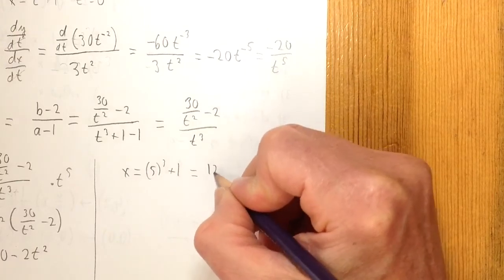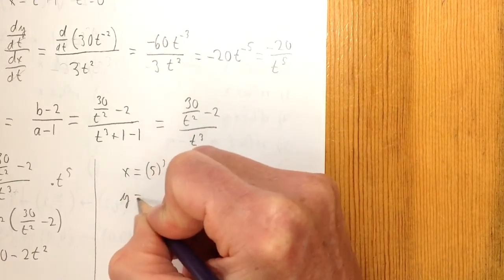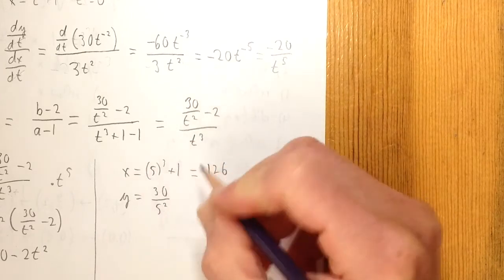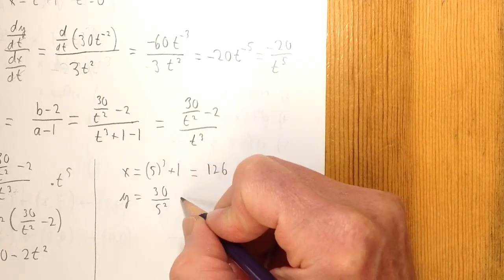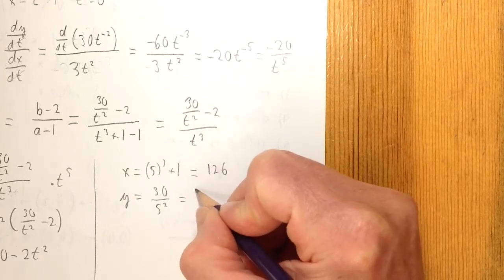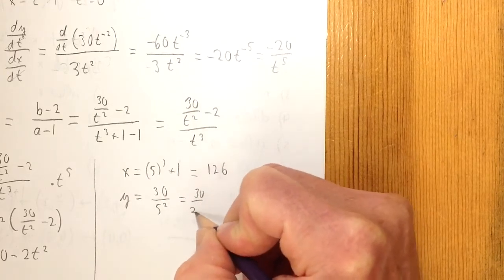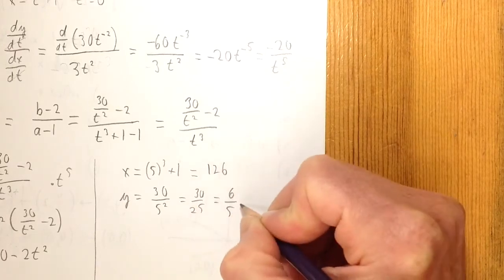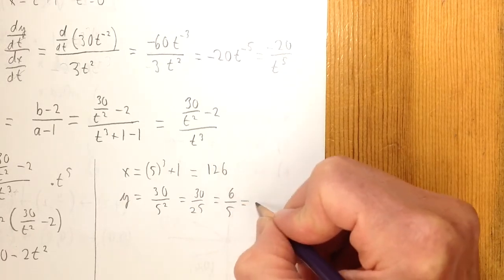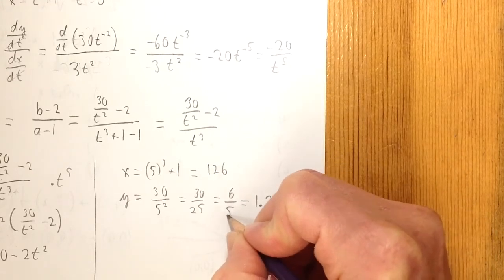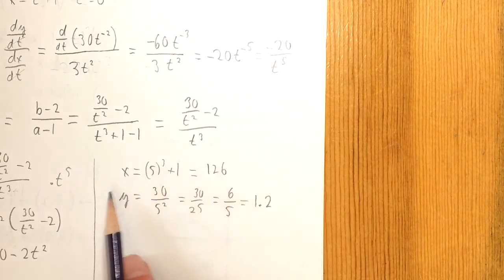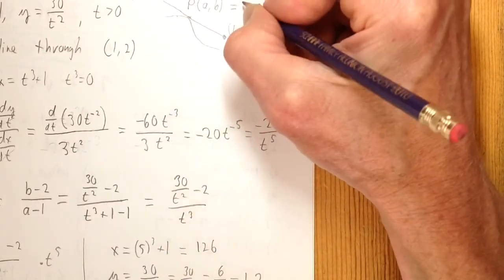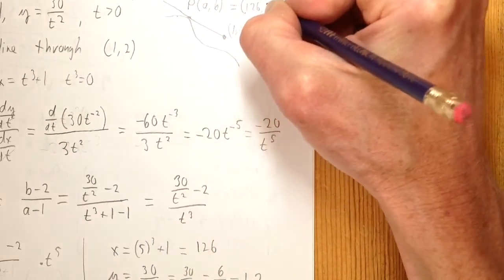So x is equal to 126, and y is equal to 30 over 5 squared, so that's 30 over 25, which we can reduce, divide everything by 5, 6/5. Let's write that as 1 1/5 or 1.2, just to get rid of fractions. Okay, that is the point on our curve. This point AB is 126, 1.2.